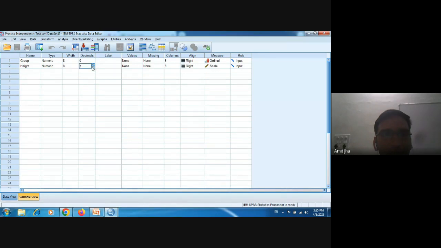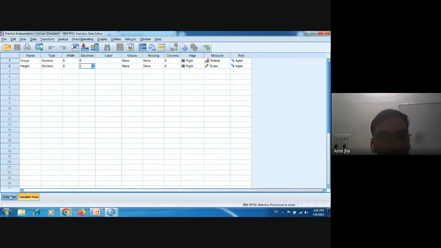But for height, we have put 2 decimal places. Under the measure section, group is ordinal, whereas height is scale, because, as I have already told you, scale can have any values.